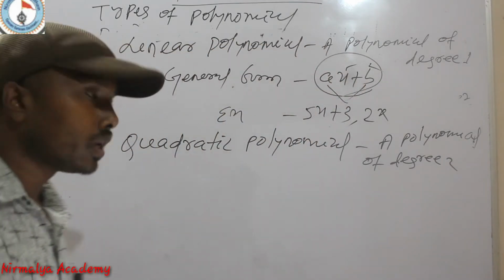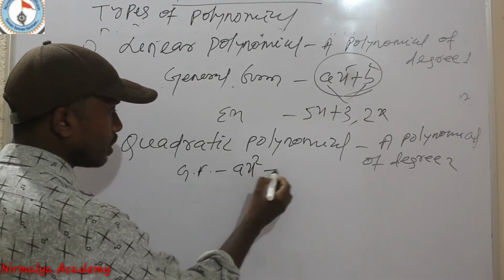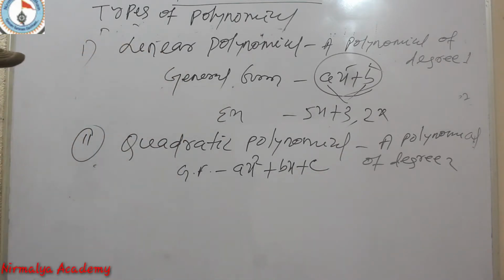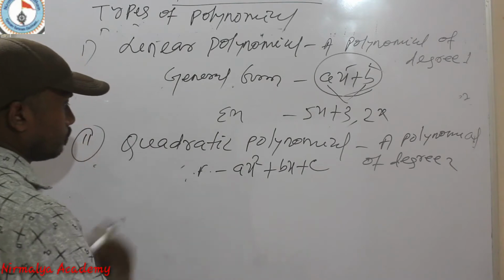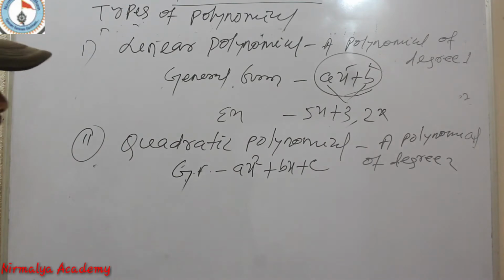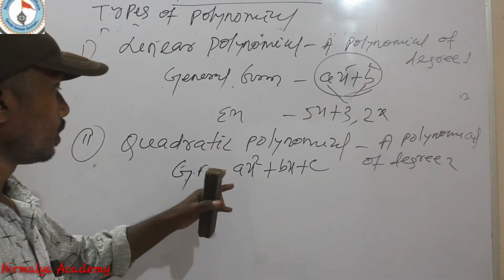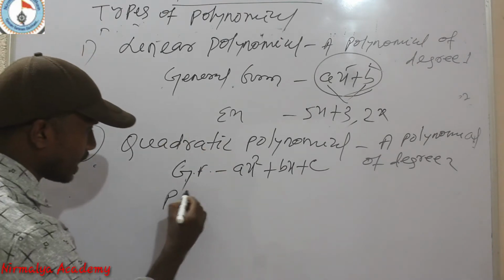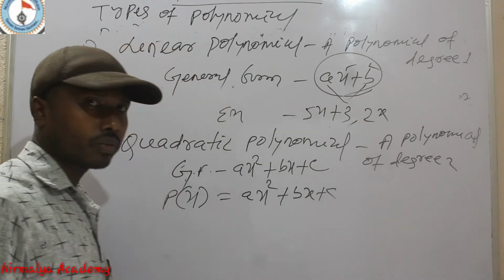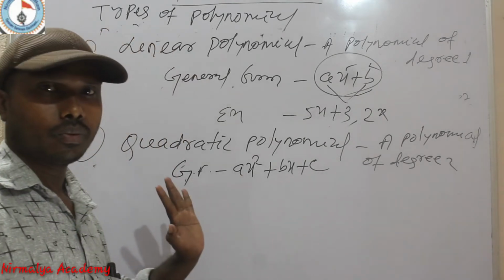A polynomial of degree 2 and its general form is ax square plus bx plus c, or we can write it as p(x) equal ax square plus bx plus c. This is a polynomial of variable x. So this is the general form, and the highest power of variable is 2.